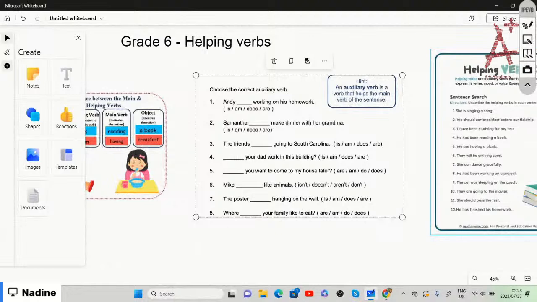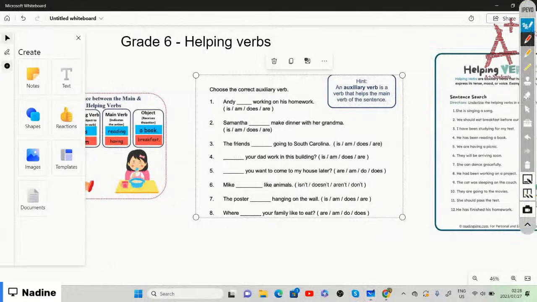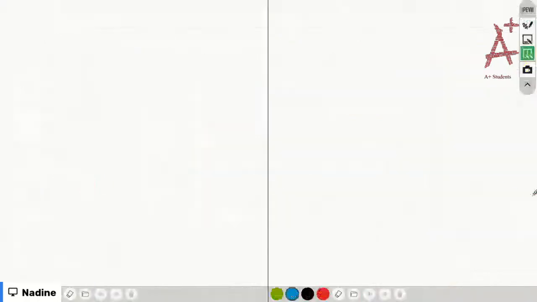It says Andy, and we need to choose between is, am, does, are working on his homework. So Andy is working on his homework, am working on his homework, does working on his homework, are working on his homework. We need to choose the correct one.